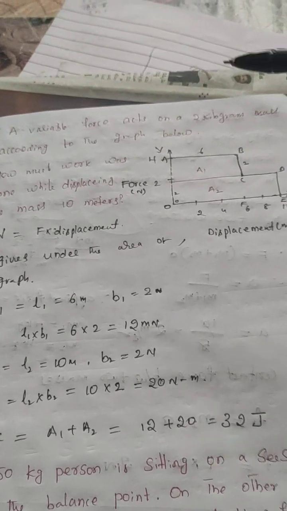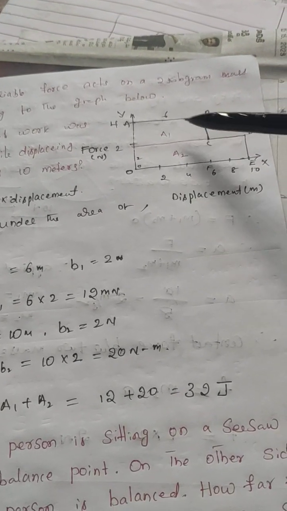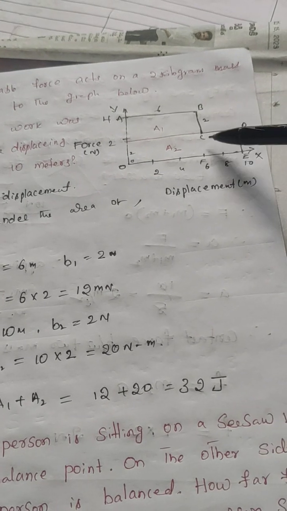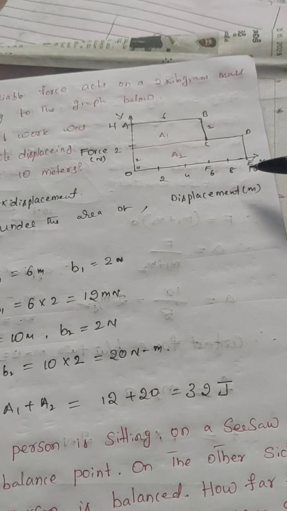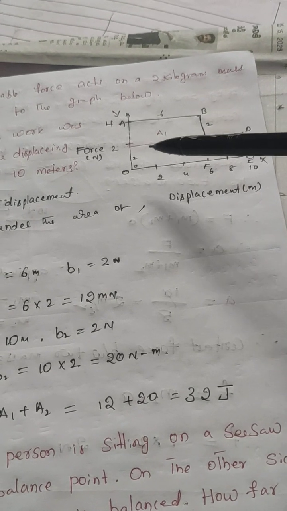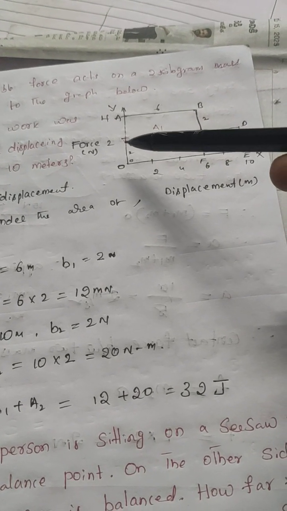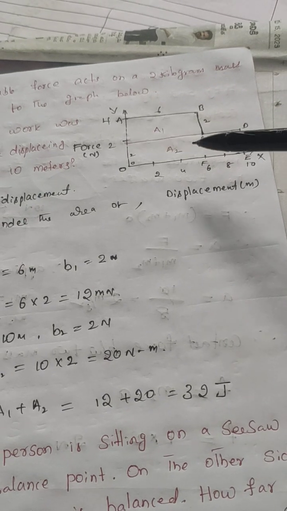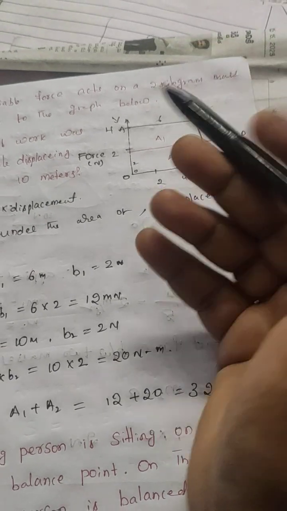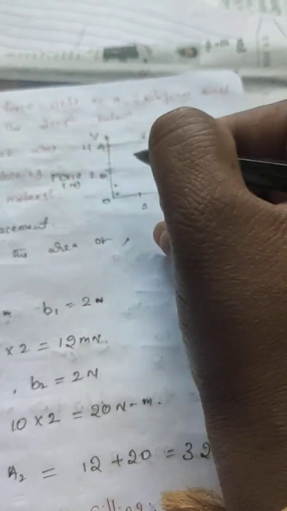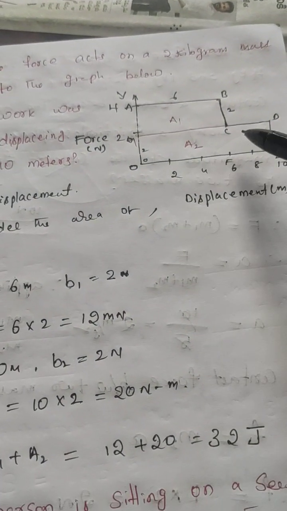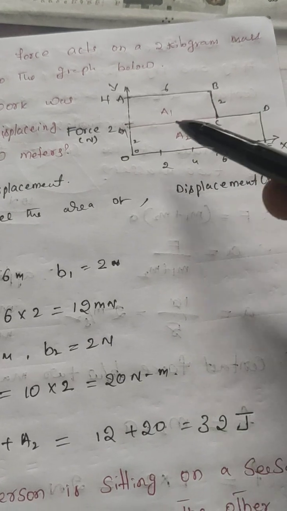Now here, the uneven shape A, B, C, D, E is given in the graph. For our convenience, we are drawing one line parallel to the x-axis, G and C.